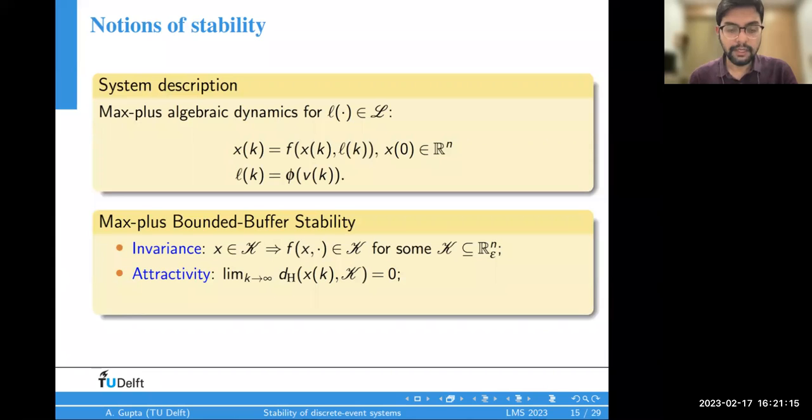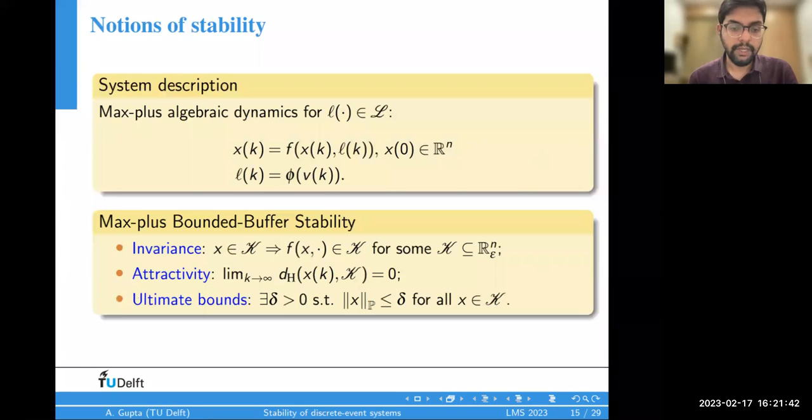So finally, if we are able to find an invariant set that is smallest in a certain sense and non-empty, then we can find an ultimate bound on the state. So if we find a set K that is invariant and attractive, and it is the smallest such set that exists, then we know that the state will eventually enter this set K, and we can find a bound such that for all states x in this set K, we have a bound.